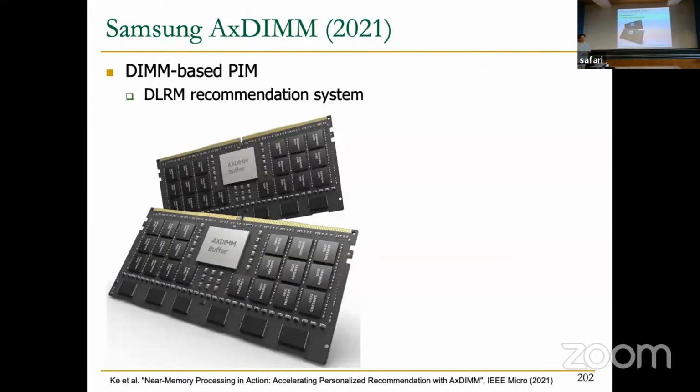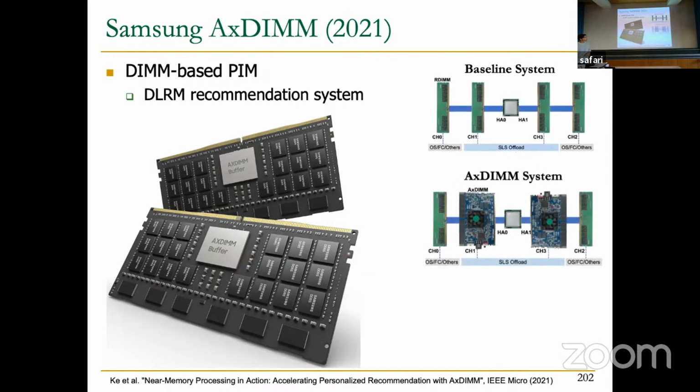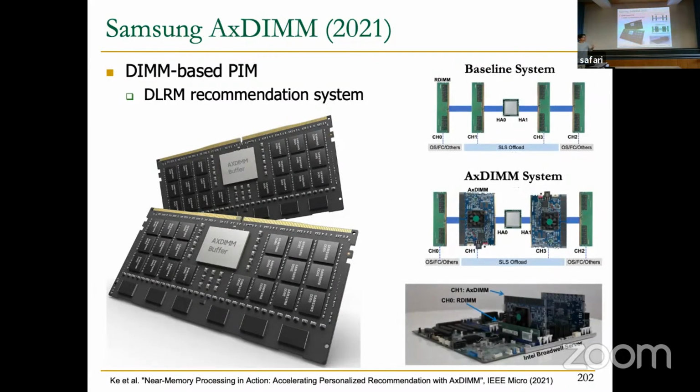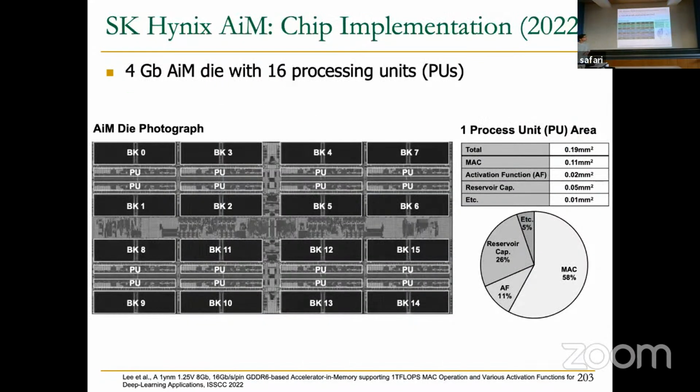Another solution, and recall our classification of two types of processing-in-memory systems, is a DIMM-based solution where some of the DIMMs are replaced with other DIMMs that have a small FPGA on them, and you can program them for different applications, for example, recommendation systems.